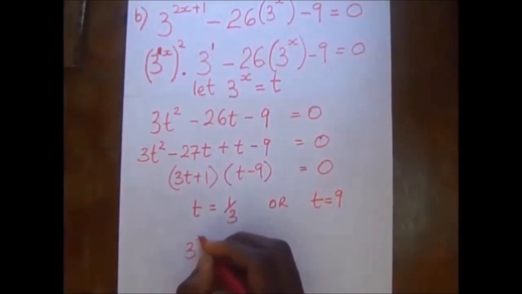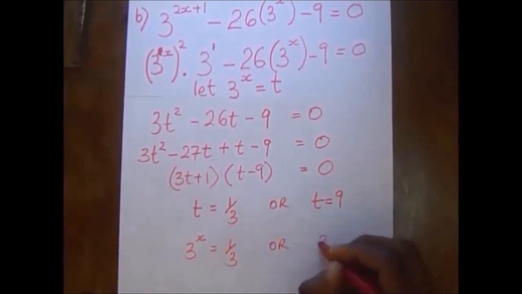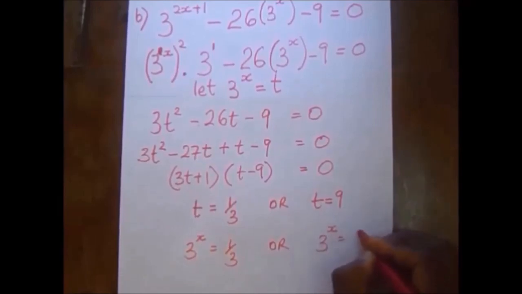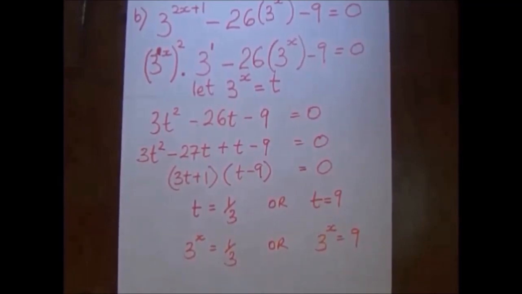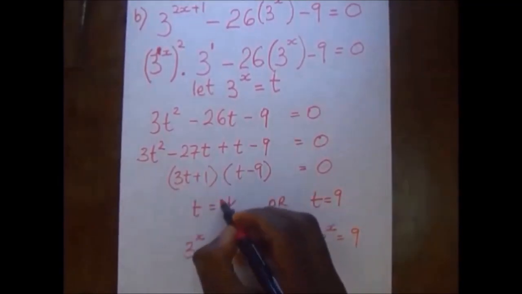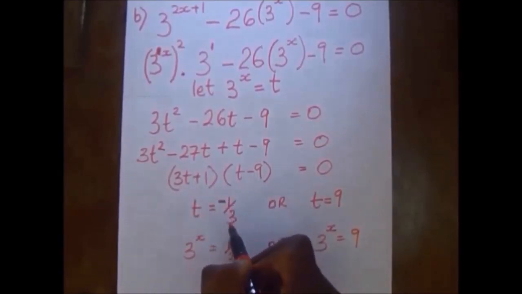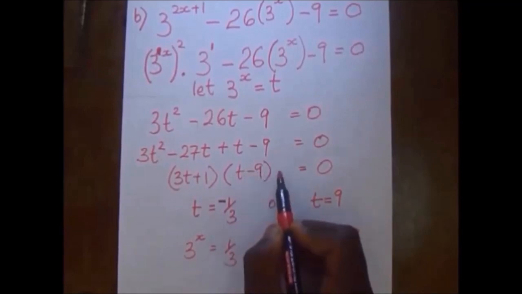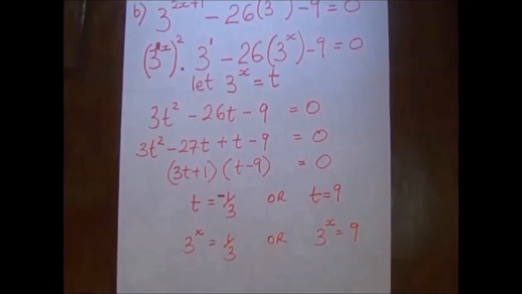So 3 to the power x is going to be negative a third, or 3 to the power x is going to be equal to 9. From there we start simplifying it further to get the value of x. In both cases we shall introduce logarithms on both sides. This is negative, by the way, because when 3t plus 1 is equal to 0, t is going to be negative a third. When t minus 9 is equal to 0, t will be equal to 9 when you make t the subject of the formula.